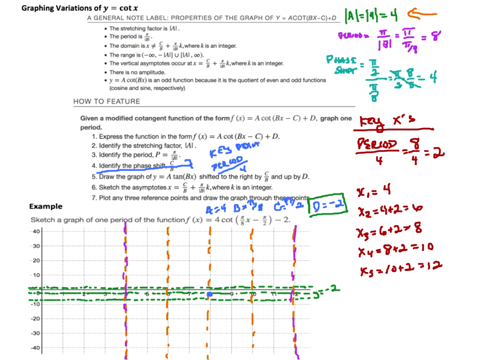And then my next key point, I have not reflected, so I move up towards the left asymptote. It's right there at that upper boundary given to me by the absolute value of A on my second key x value. And on my fourth key x value, I'm at that lower boundary given to me by the absolute value of A. So this looks like this. It comes down, and it snakes across, and then moves down to negative infinity.